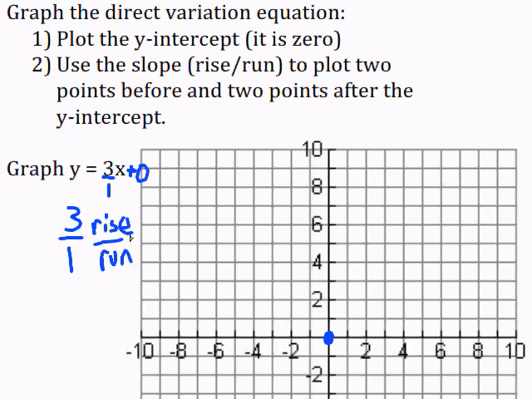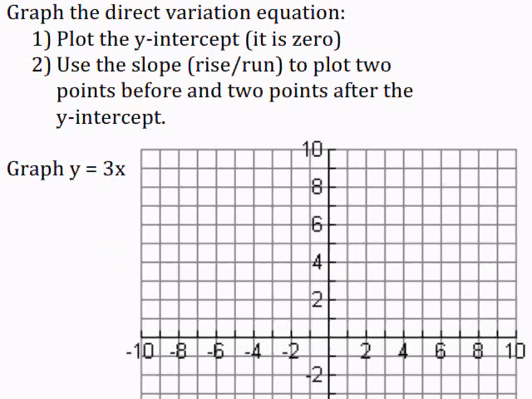So our rise being 3 means we're going to go up 3, and our run being 1 means we're going to go to the right 1. So we're going to go up 1, 2, 3 to the right 1, up 1, 2, 3 to the right 1, and we can also go down 1, 2, 3 to the left 1.